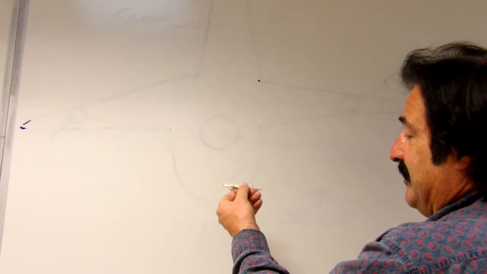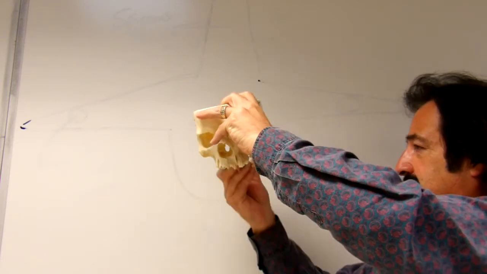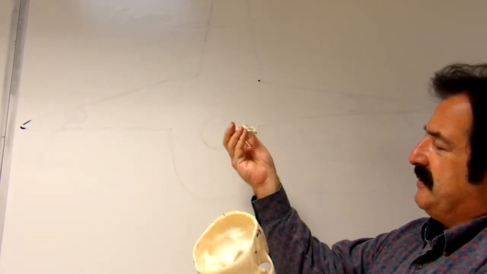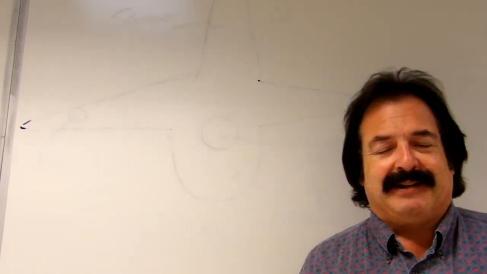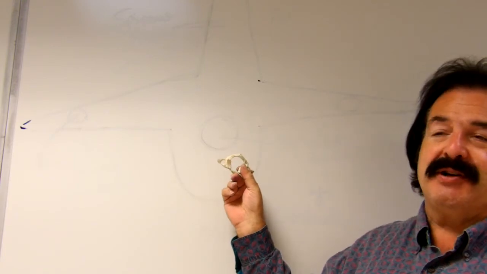Okay? And of course, we already know that the skull sits on top of the axis like this. And with C1, we call it the atlas because if you remember, Atlas is the person that holds up the world.